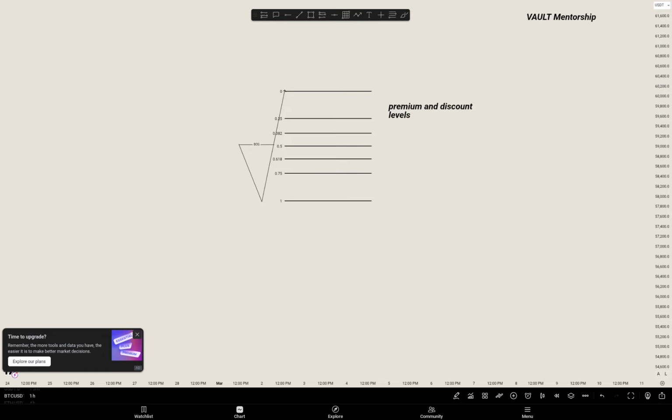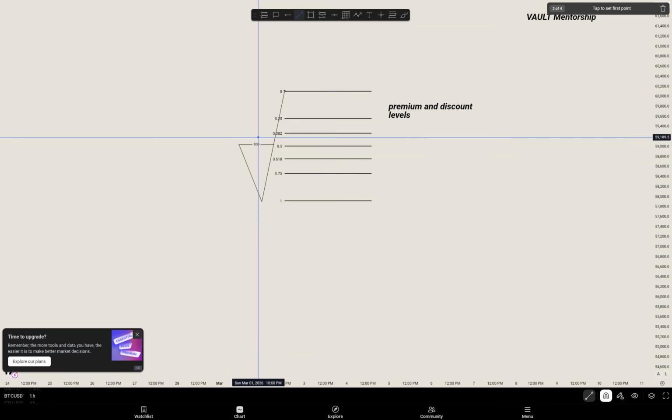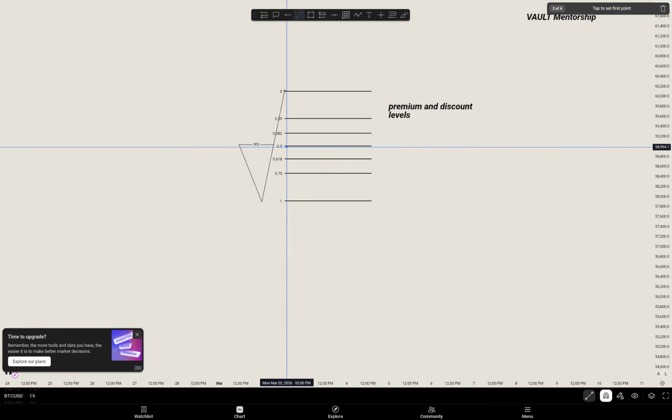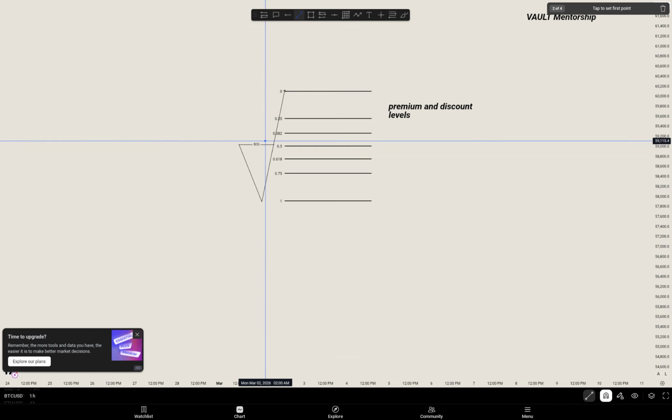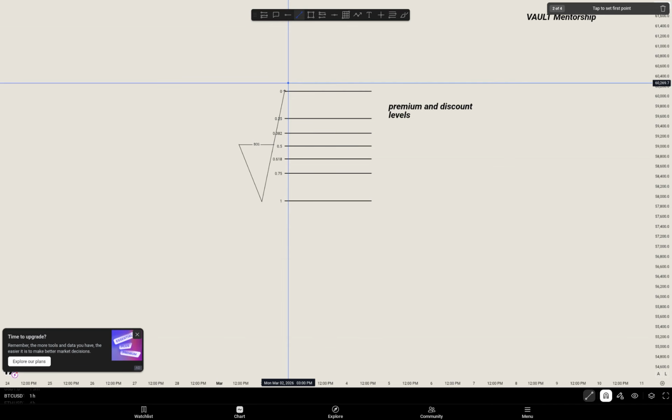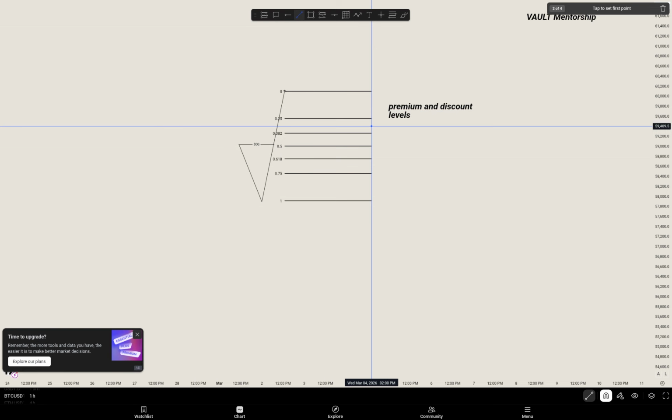So our premium levels, when you are trying to sell, are always from this 0.5 level above. That's where we get our premium levels.